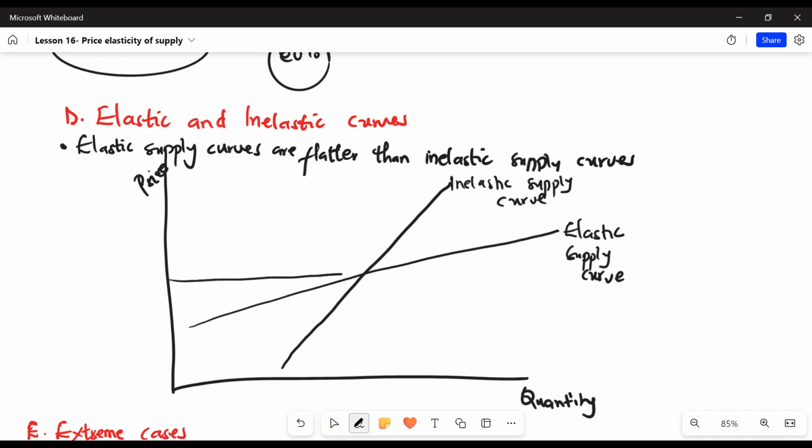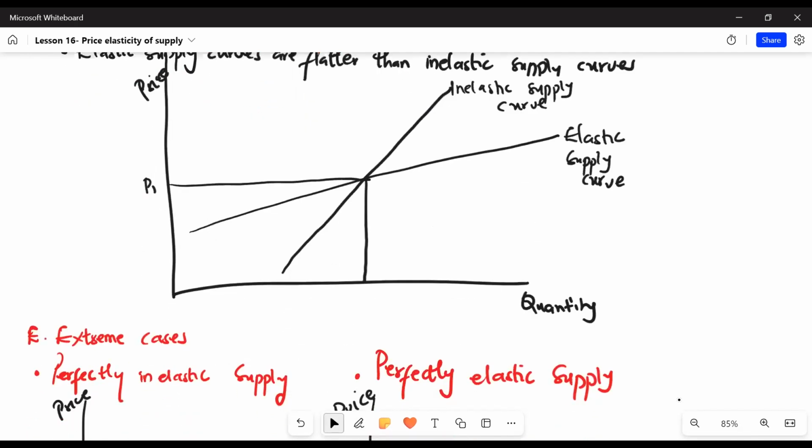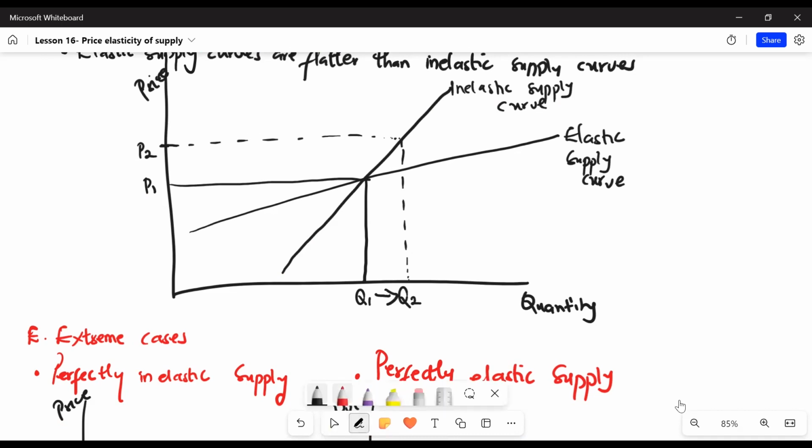Now, assuming that price is P1 and quantity supplied is Q1. If price were to increase to P2, let's first consider how this will affect our inelastic supply curve. Quantity supplied will increase to Q2. Now consider the same increase in price, but now trace it to your elastic curve.